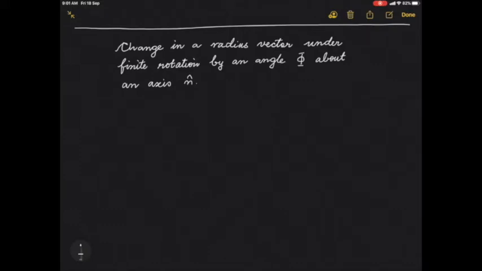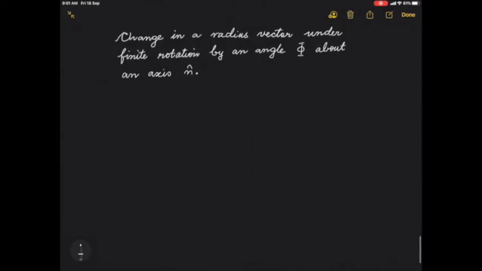The axis can be given by an unit vector, so it's about an axis n cap. Okay, there is a little bit of mathematical inconsistency in that statement, that an axis can be given as n cap. Minus n cap will also suffice, and then you have to choose amongst the minus and the plus. But let's not go into that much detail for the time being.